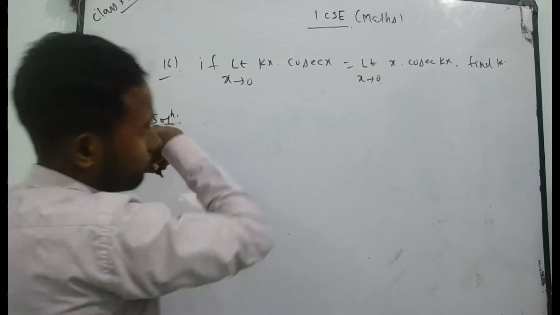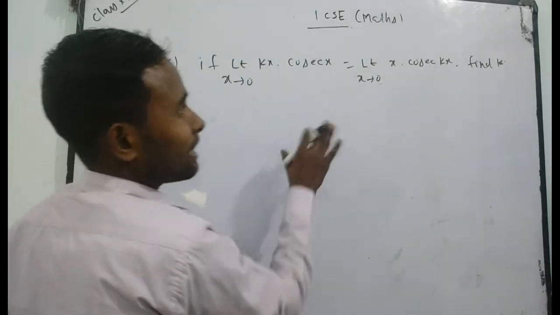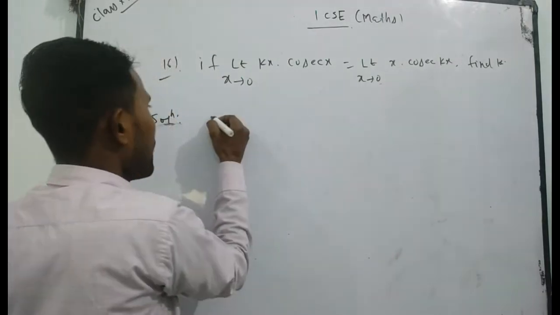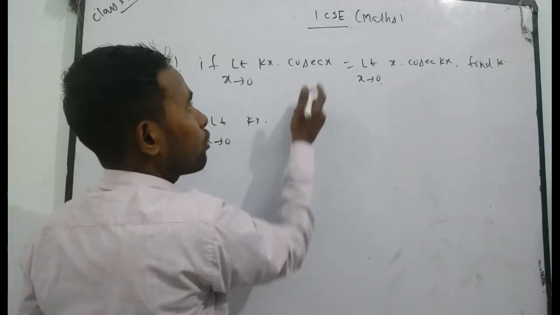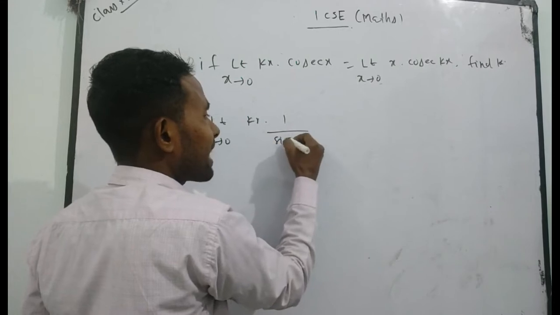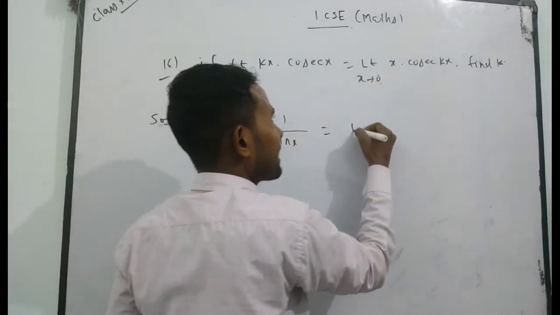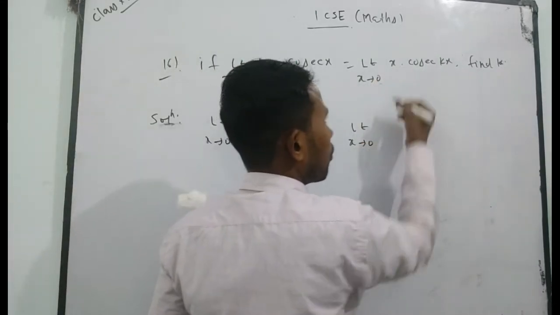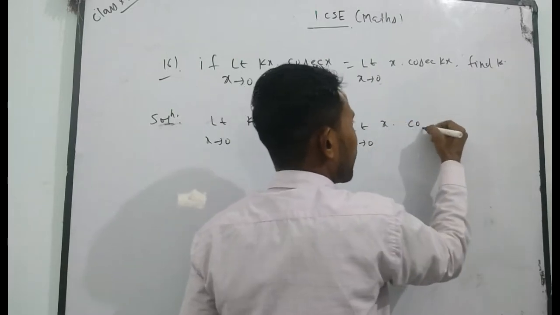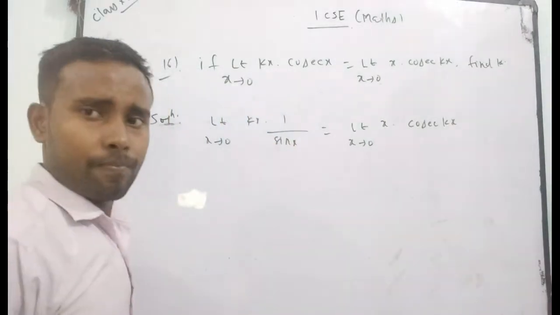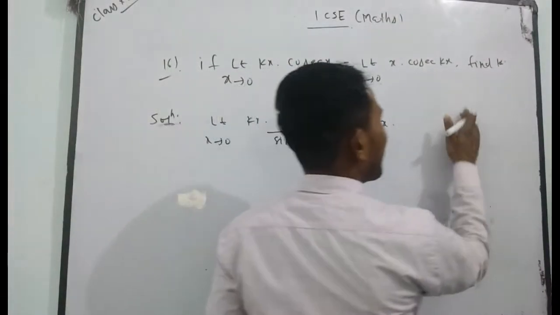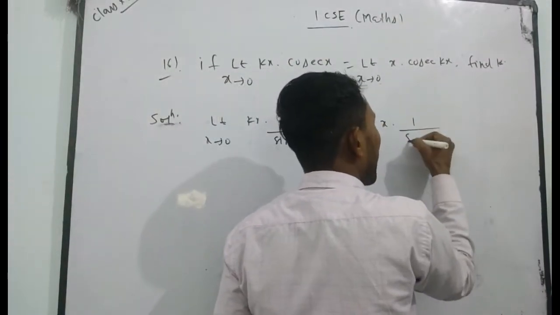We start by taking the LHS and RHS simultaneously. If you take limit x tends to 0 of kx, can you write cosec x as 1 by sin x? And similarly, limit x tends to 0 of x times cosec kx, can you write cosec kx as 1 by sin kx?